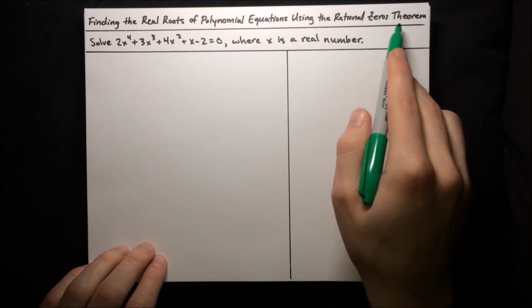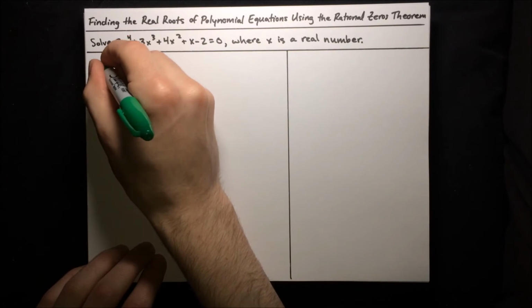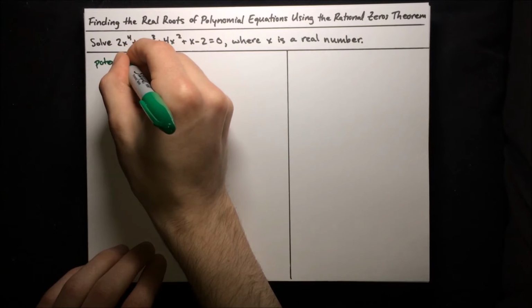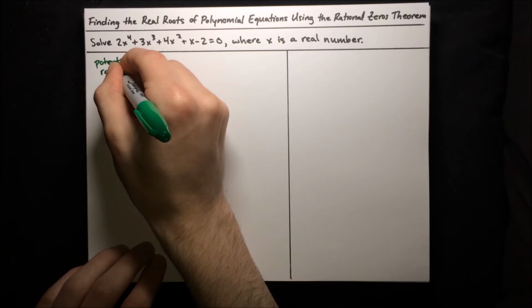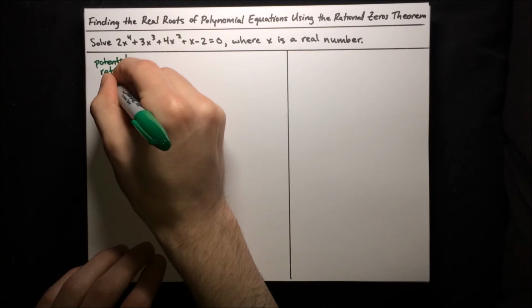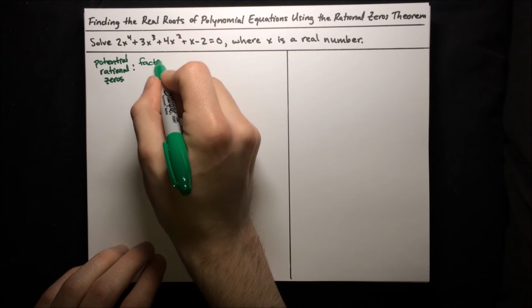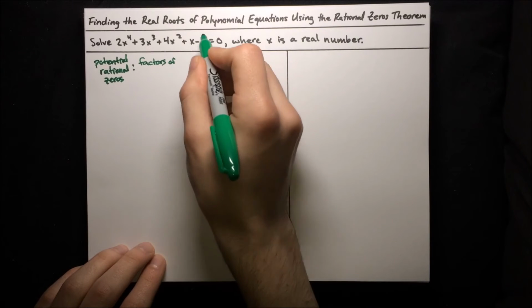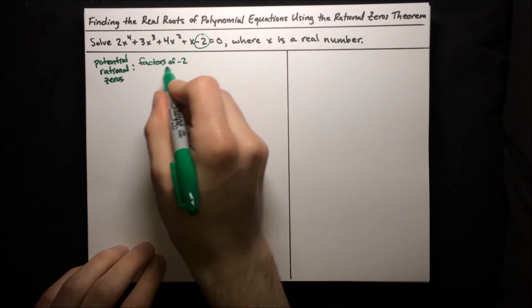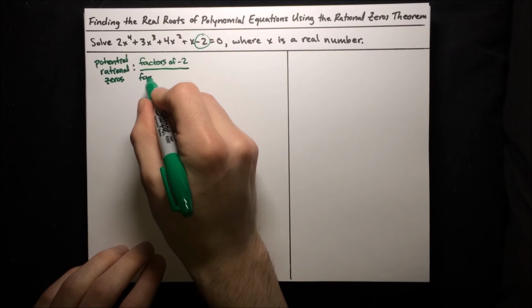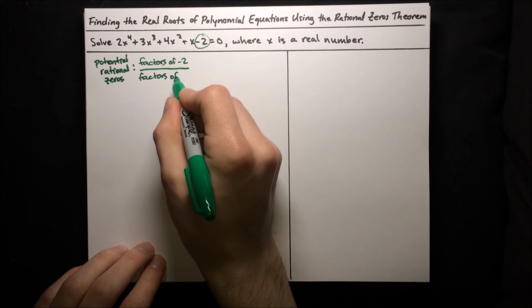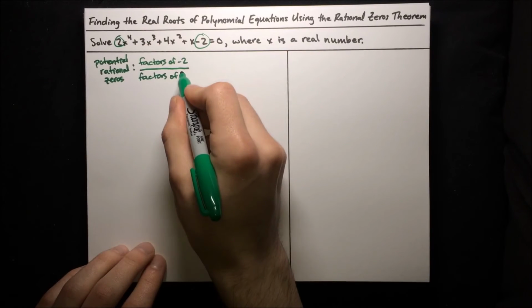The rational zeros theorem tells us that the potential rational zeros take the form of factors of the constant term, negative 2, divided by factors of the leading coefficient, which is positive 2.